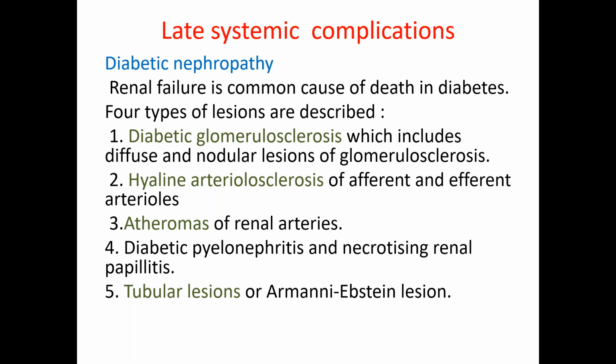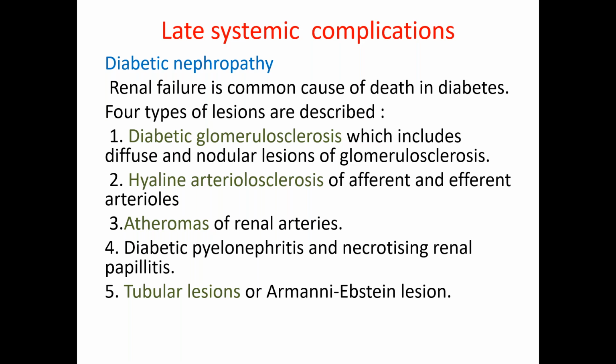And the infective complications are there. Diabetic patients are prone to urinary tract infections, and ascending infection may lead to diabetic pyelonephritis. The most important complication of acute pyelonephritis is necrotizing renal papillitis or papillary necrosis, and if it is bilateral, this may lead to acute renal failure.